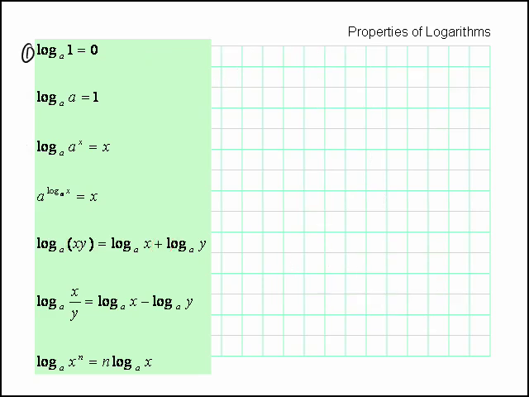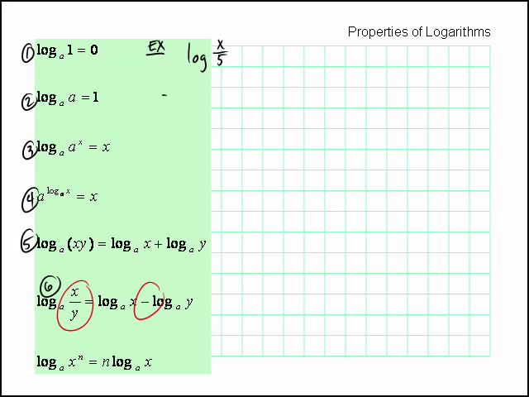Now property number 6 here. Property number 6 basically says that division within a logarithm can be turned into subtraction. For example, if I have the log of x over 5, that can be written as the log of x minus the log of 5.